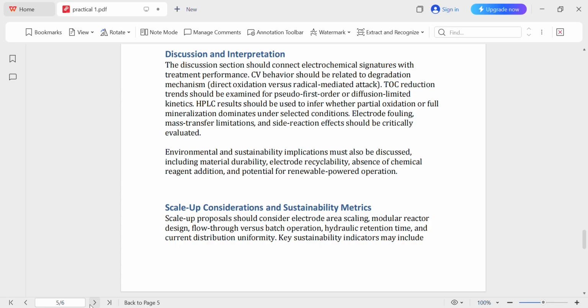Next, the key sustainability indicators may include energy intensity, carbon footprint, operational safety, maintenance needs, and compatibility with upstream and downstream treatment units. This means checking the environmental and practical performance: energy intensity, how much electricity is used per volume of wastewater treated, environmental impact, safety to operate, how often the equipment needs repair, and compatibility, meaning whether it can work with other water treatment units before or after.